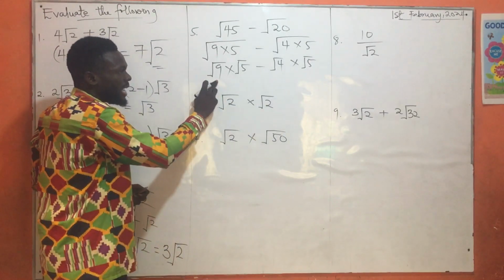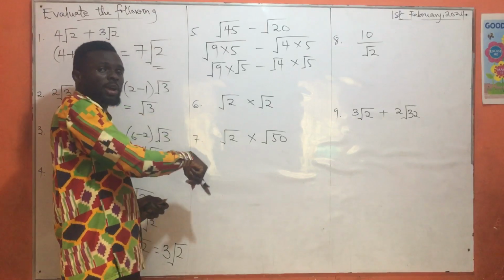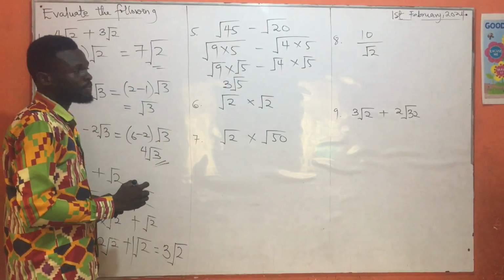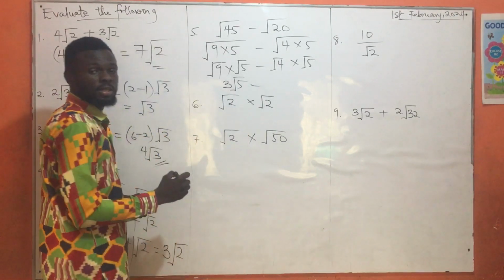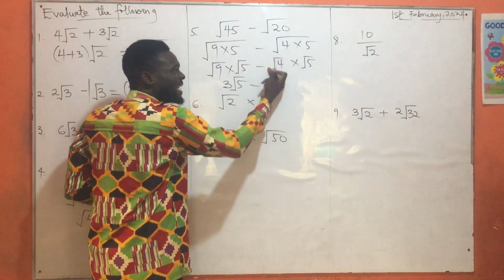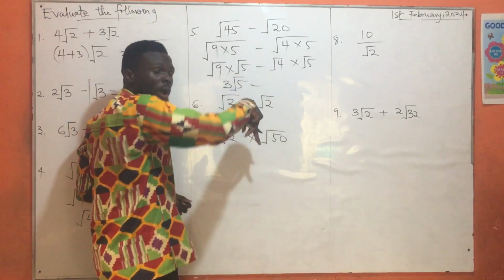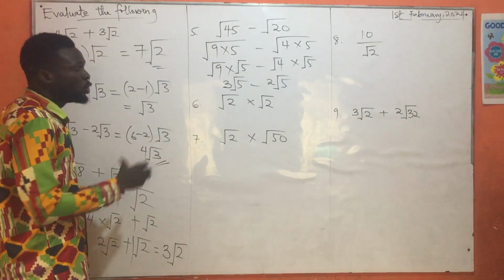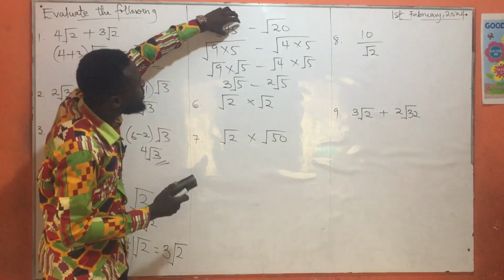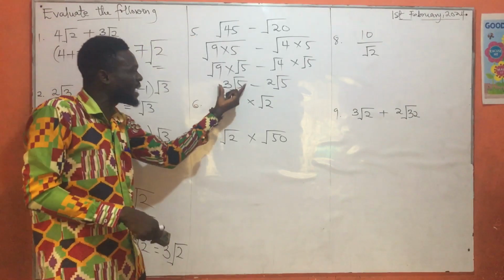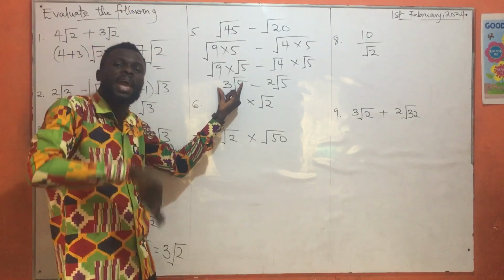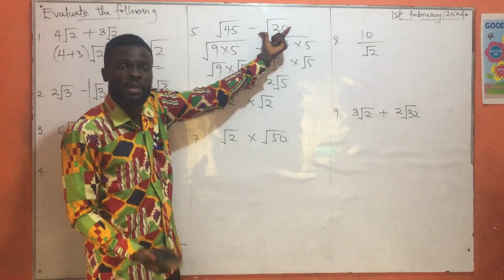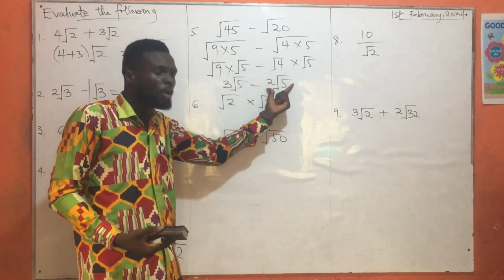Now this square number in the square root will give you 3 surd 5 minus, also this in a square root being a square number will give you 2 surd 5. So you notice that the 45 has now been expressed as a simple base surd, and the 20 has also been expressed as a simple base surd.